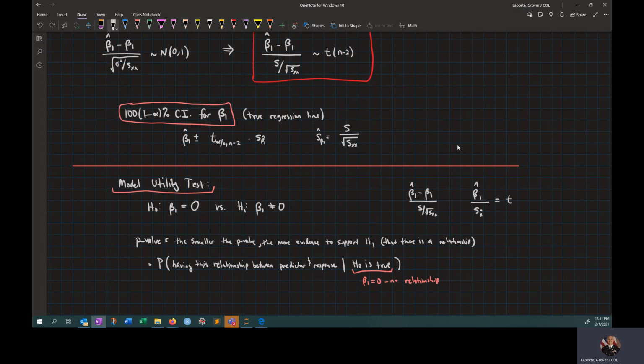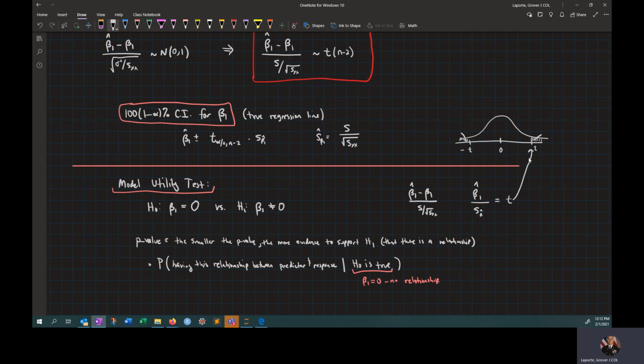Because we're saying it's not equal to 0, and we know the t distribution looks like this, depending on the number of degrees of freedom, centered at 0, what you're doing is calculating the area in the tails, beyond negative T and positive T. It's whatever these two areas add up to be.